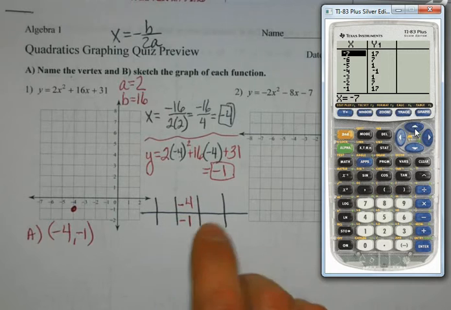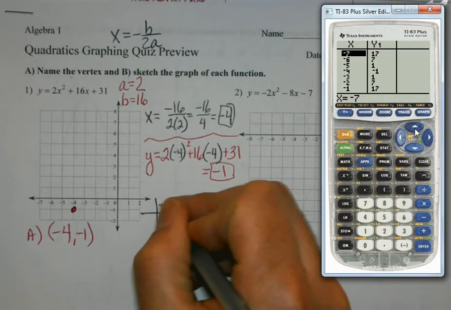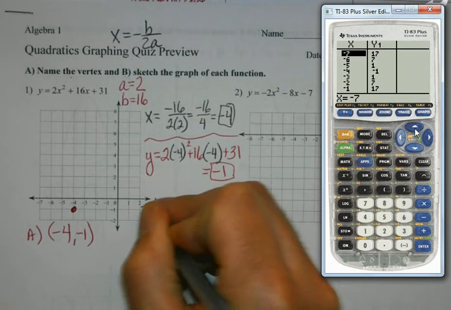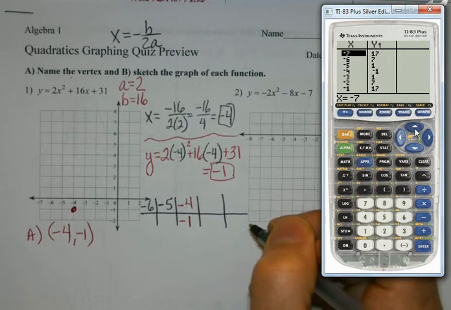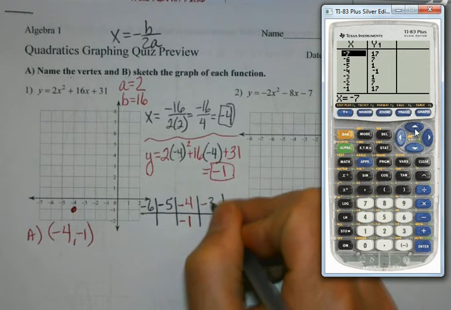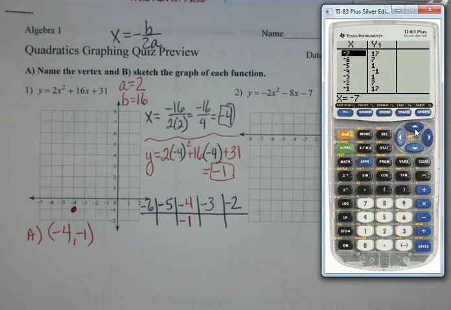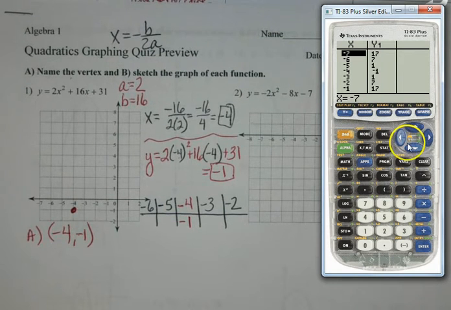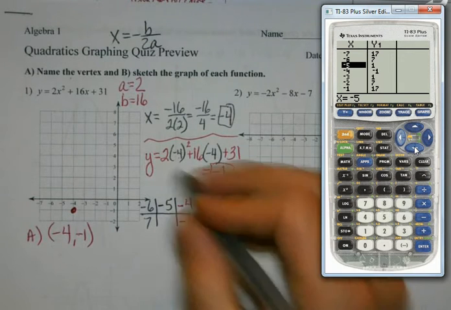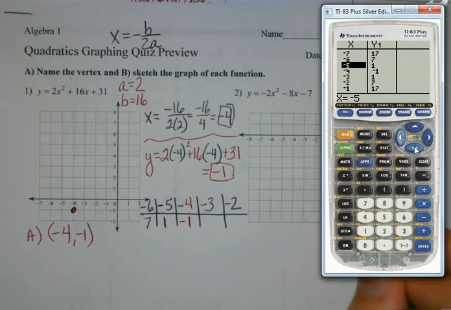It's negative 4, negative 1. And I'm just going to take the two values that are above and below it. So for instance, at negative 6, my y value is 7. At negative 5, my value is 1.